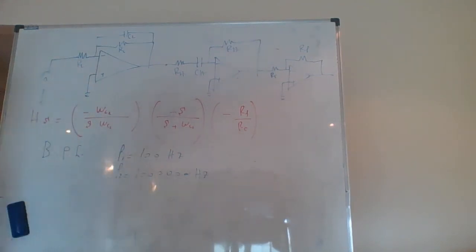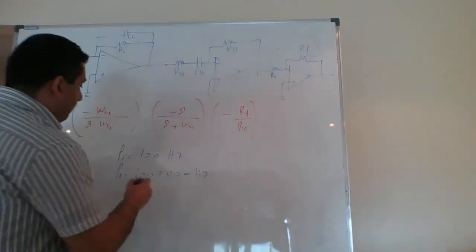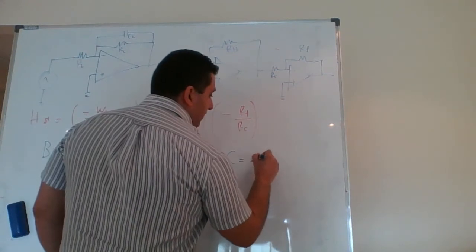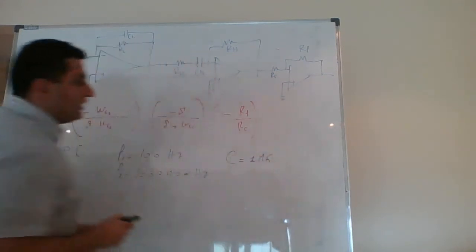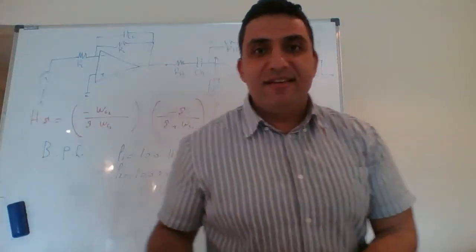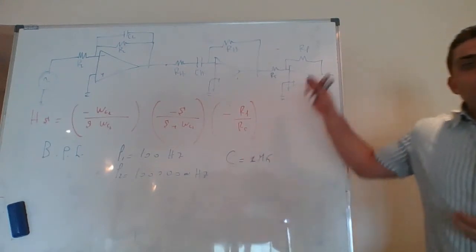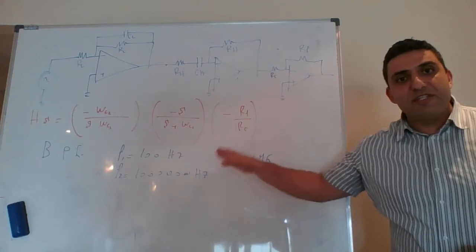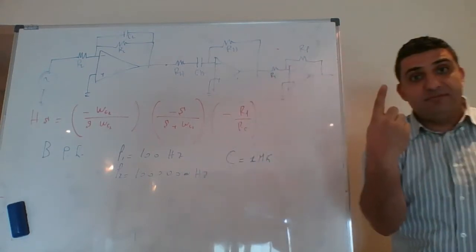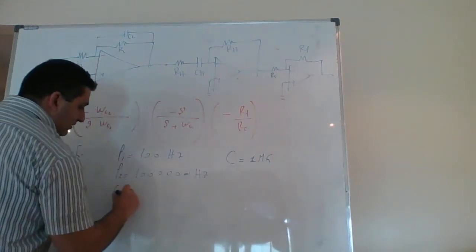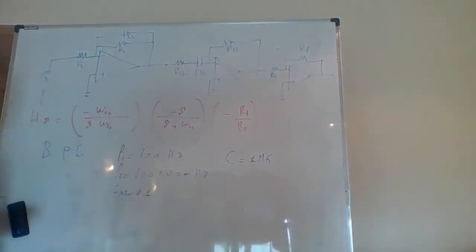As before, we have only one type of capacitor, equal to, for example, one microfarad. I have my choice of resistance. Do you want a gain? It's up to you. For the sake of this example, I want the system to have a gain of 1. Let's design the system.